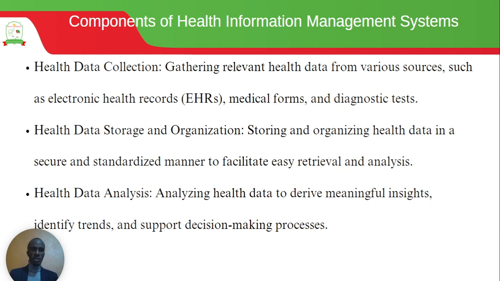So the components of these health information management systems include data collection, which involves gathering the relevant health data from various sources, and this could include electronic health records, or records that have been electronically captured by using electronic devices, not the manual ones. Then you can also use medical forms and diagnostic test forms.